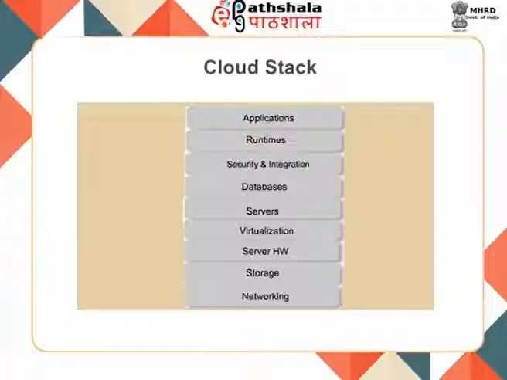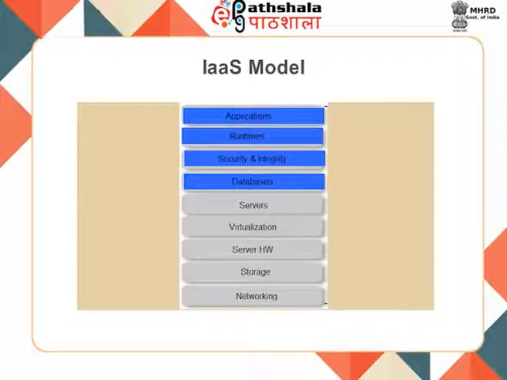So, this is the cloud stack. We have networking, storage, the server hardware, virtualization environment, the servers, databases, security, runtimes and the applications. Given these various elements in the server stack, in case of IaaS, the blue ones show what the users are managing.